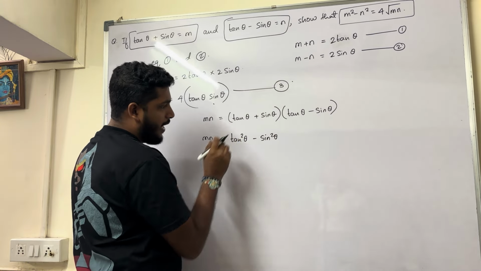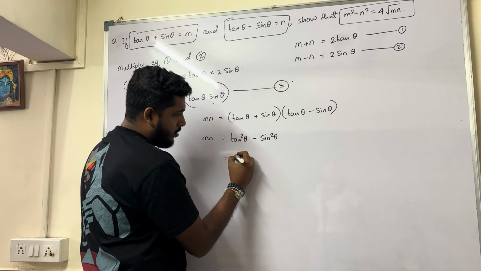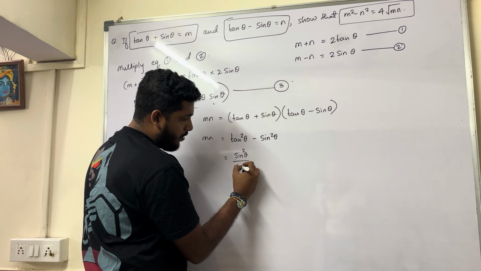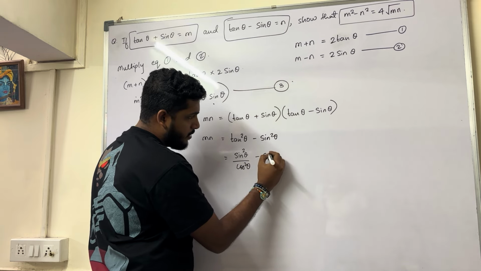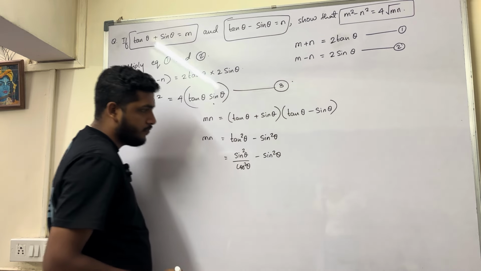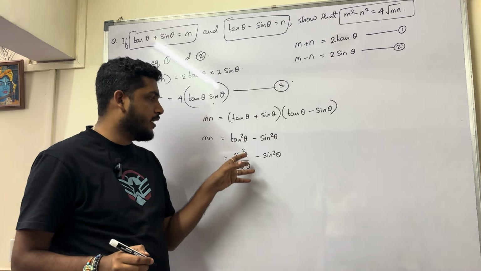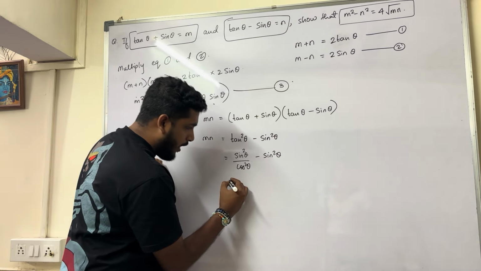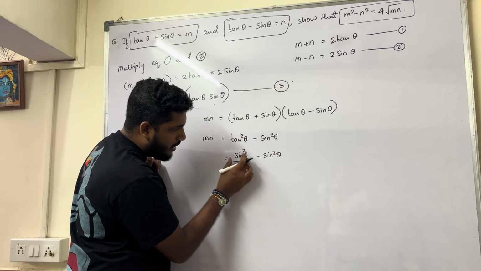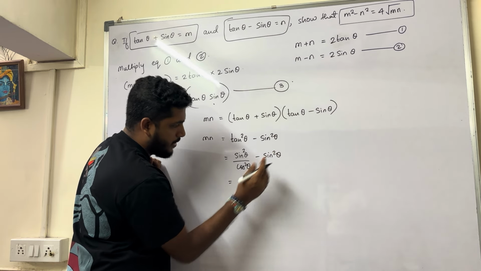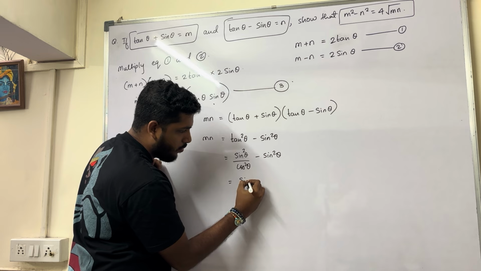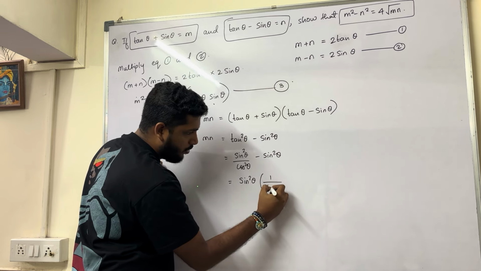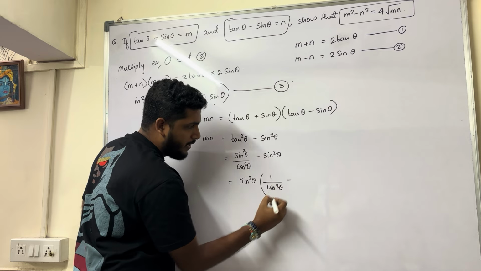So I'll convert tan square theta as sin square theta by cos square theta, minus sin square theta. I just wanted to convert this tan theta into some relation of sin theta. So now I have noticed that there is a common factor here, sin square theta and sin square theta. So I'll take sin square theta as common, and here there will be 1 upon cos square theta minus.